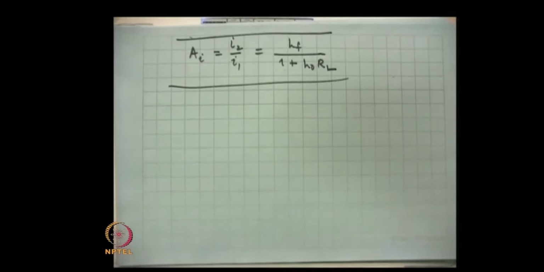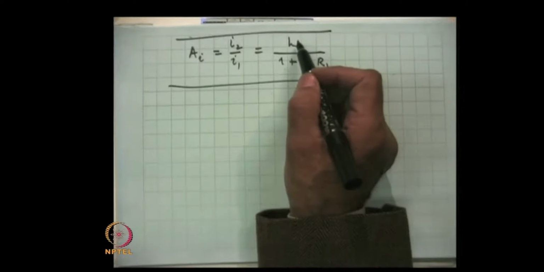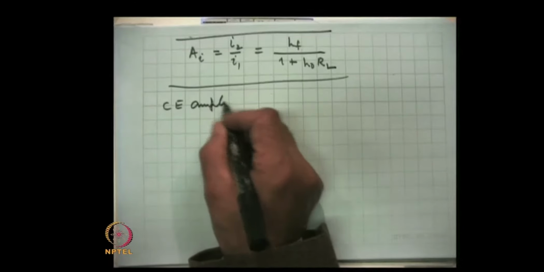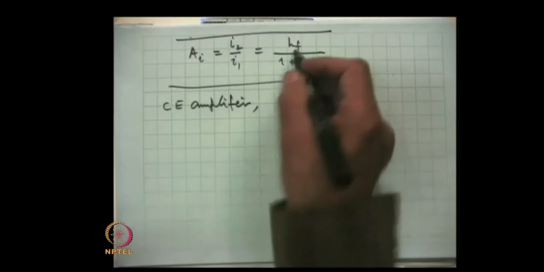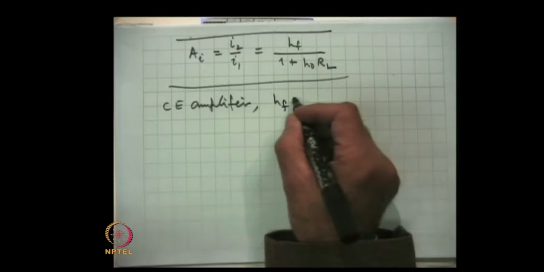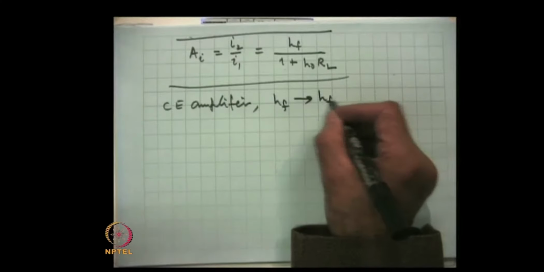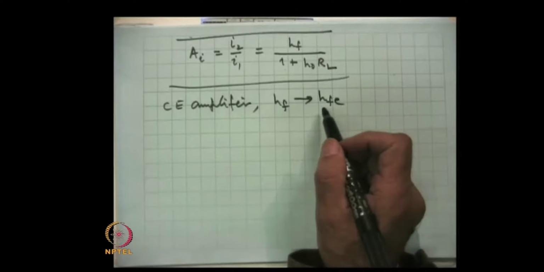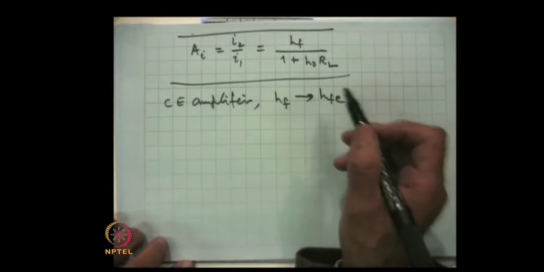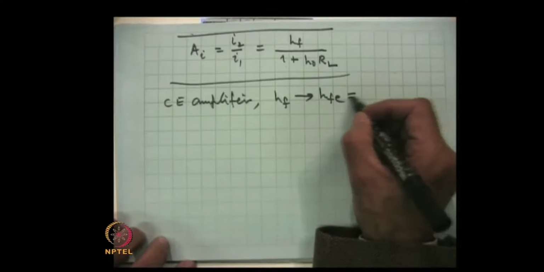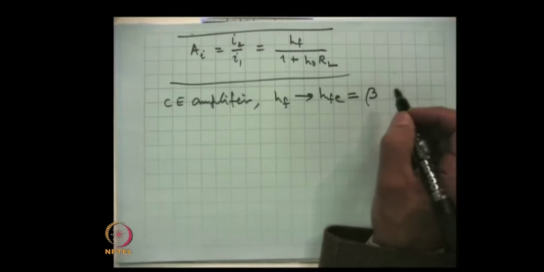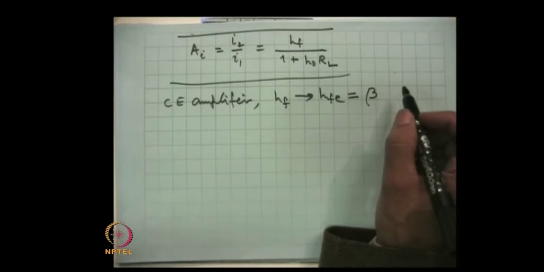This is the expression for current gain of the amplifier. I have said that if we talk of the common emitter circuit CE amplifier, then this HF is to be replaced by HFE, which is forward current gain, and which is identical to the current gain beta, which we talked about earlier.